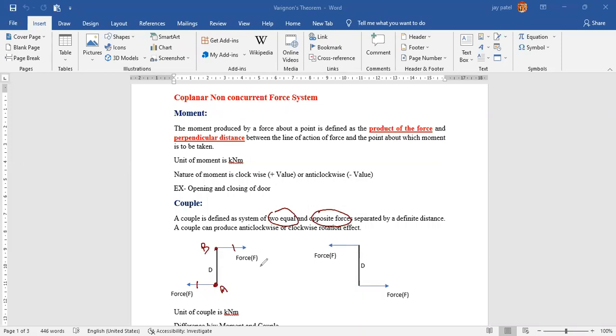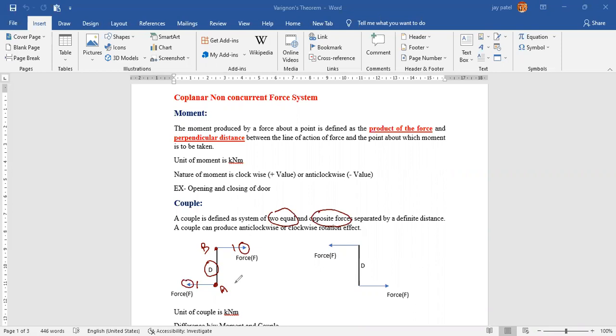Okay, chalo. These 2 forces are also separated by the distance d. So as per the definition, can I say these 2 forces are able to create a moment? What is the nature of the moment? Just rotate both arrows at a time, and you will get a clockwise moment.